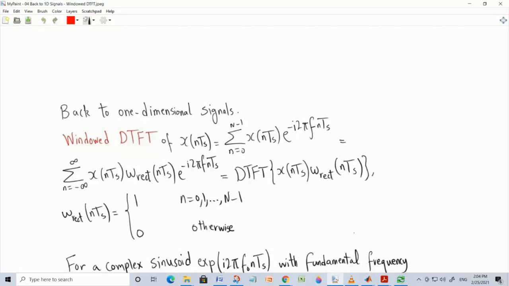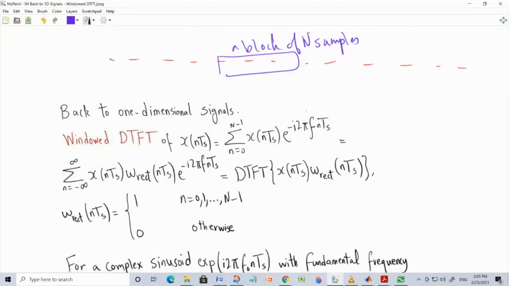Like in speech signal processing, for example, you have many samples. You will not wait for all those samples to start doing processing. It does not make any sense, for a number of reasons. So what you do is take a block of n samples, and then you do something to this block of n samples, and then you take another block of n samples, and typically, to get good results, we do overlap.